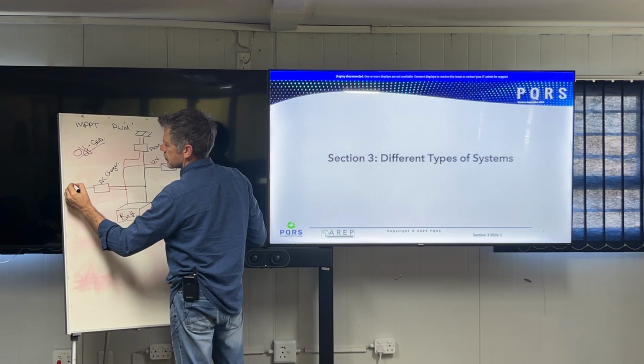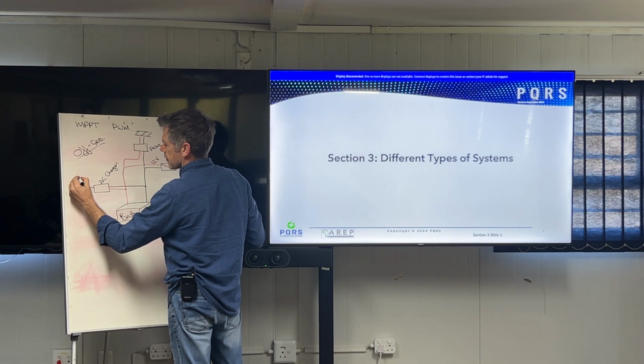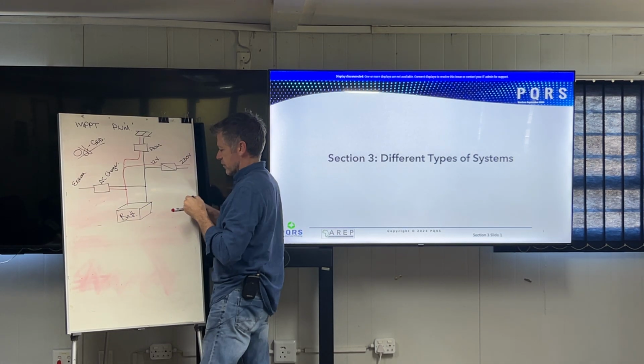And the AC charger charges the battery from Eskom.